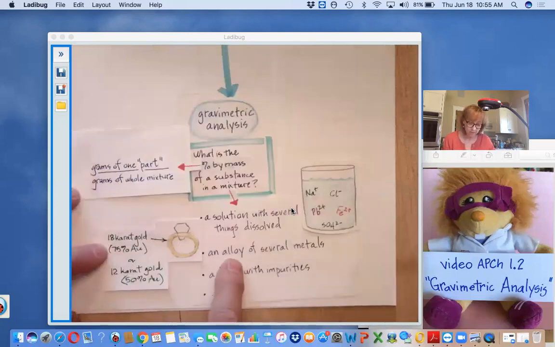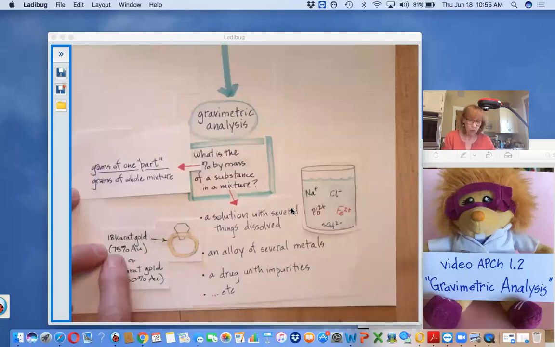Alloys are homogeneous mixtures of several metals. So jeweler's gold is an example of an alloy, and you've probably heard of 18-karat gold and 12-karat gold. Well, those are different from each other in the percentage of gold atoms.